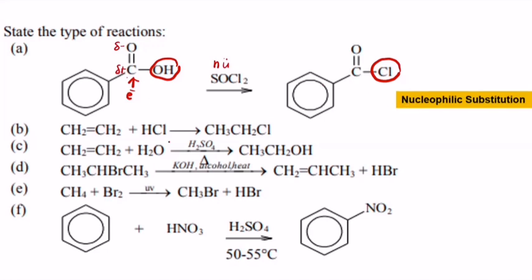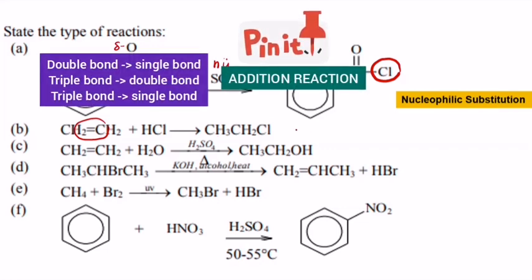For B, first we will look at the CC double bond here. We know that a CC double bond is an unsaturated compound. When the double bond breaks into a single bond, this reaction is a kind of addition reaction. So what kind of addition reaction? We will look at the site of reaction.